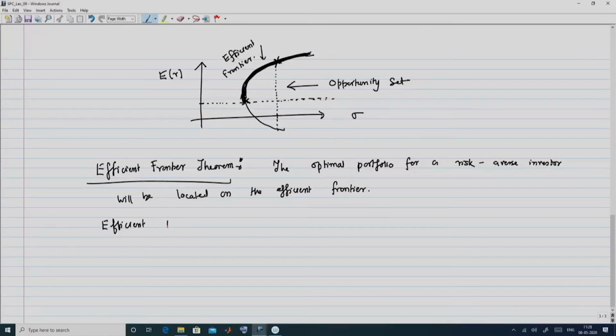These are what we are going to call the efficient portfolios, with only risky assets. Remember, we are still considering the paradigm of risky assets.